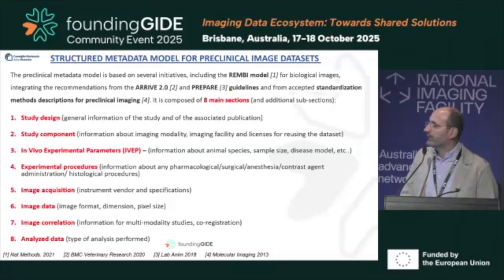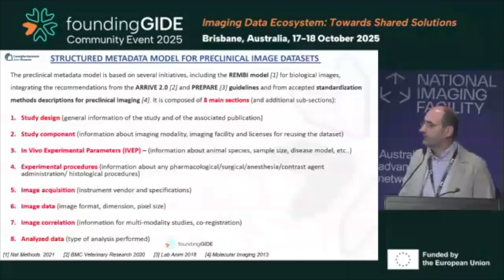And the PREPARE guidelines, which are more specific to the preclinical community, and then we also looked at some white papers related to the standardized description of imaging methods in preclinical imaging.